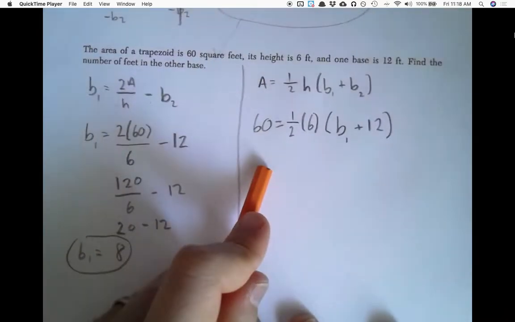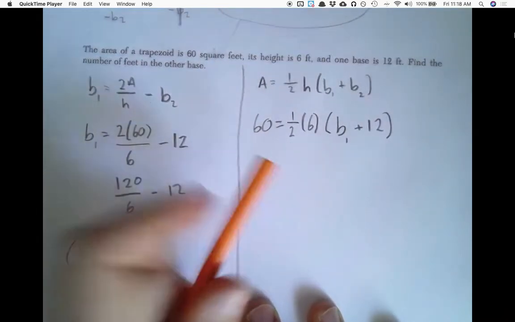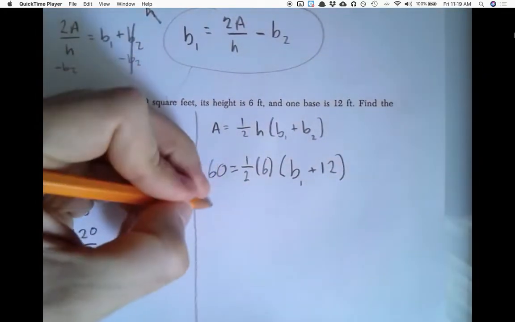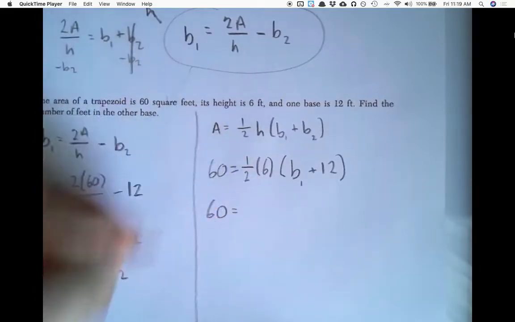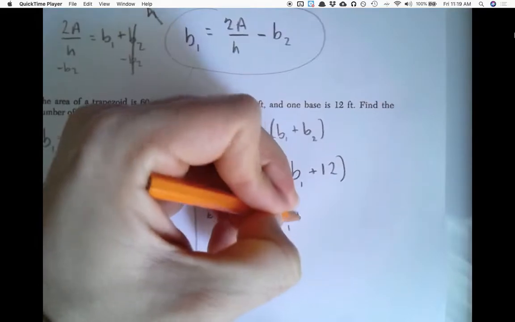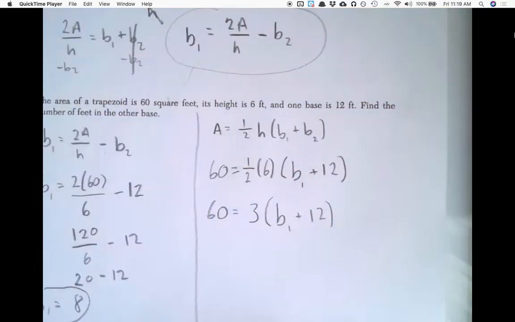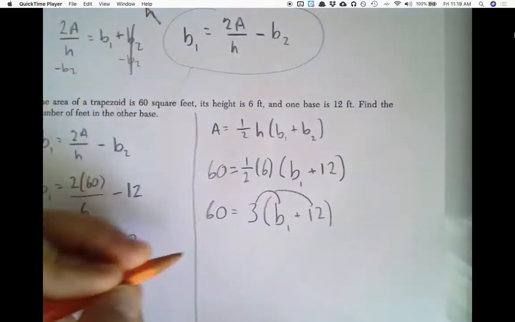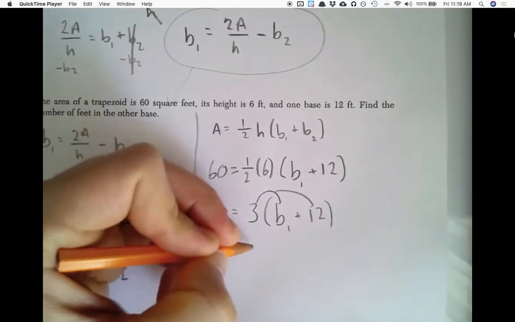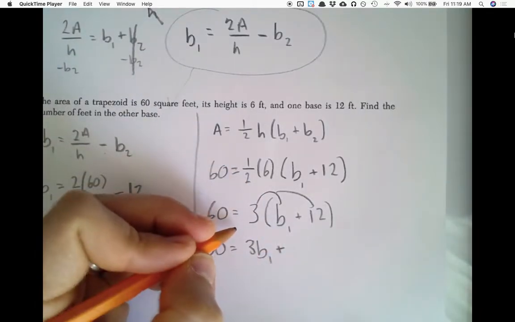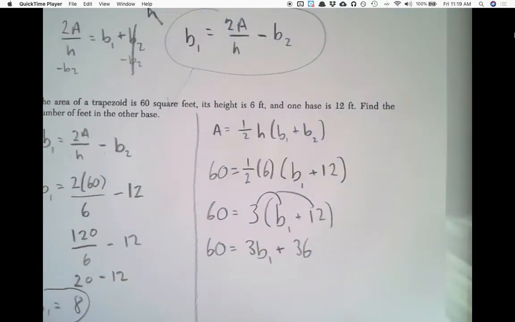Now, if I try the same thing over here, I can do it. I'll follow PEMDAS. So 60 equals will stay. Half of 6 is going to be 3. And then keep the B1 and the 12. I'll distribute that 3 into the parentheses there. 60 equals 3B1 plus 3 times 12, which is 36.